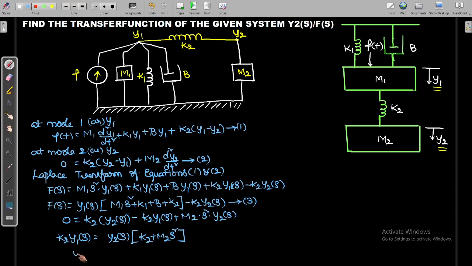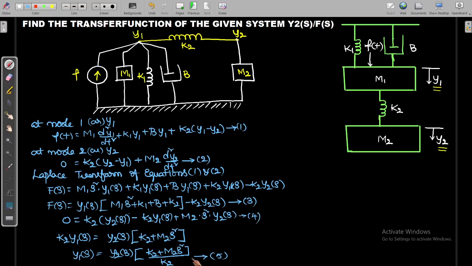From this you eliminate y1 of s. So y1 of s we can write as y2 of s into k2 plus m2 s square divided by k2. So this is equation number 5. Take this as equation number 4.